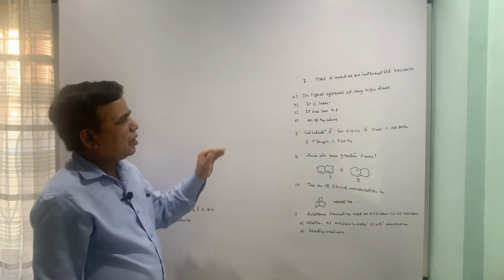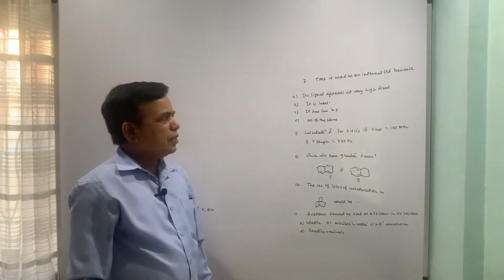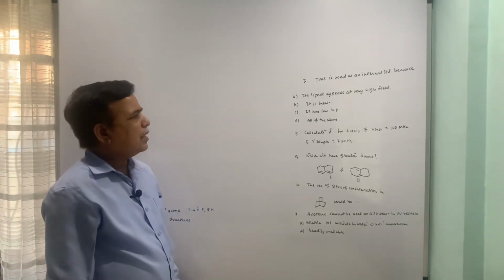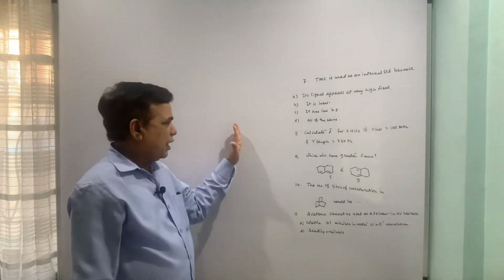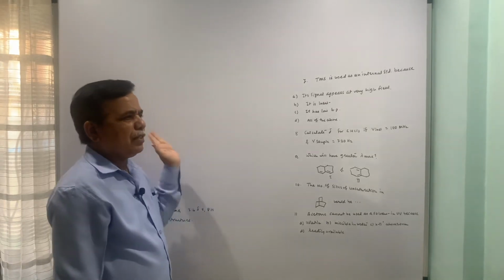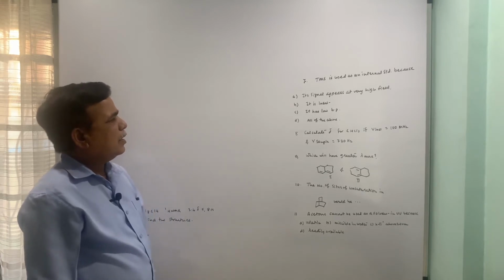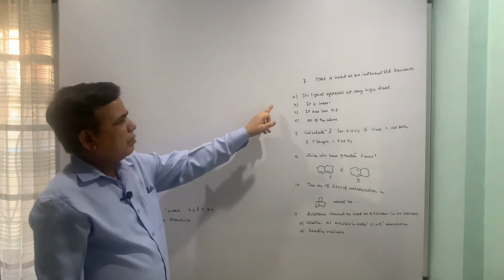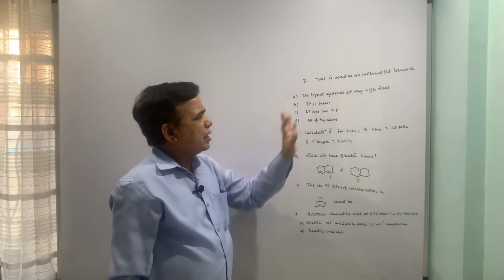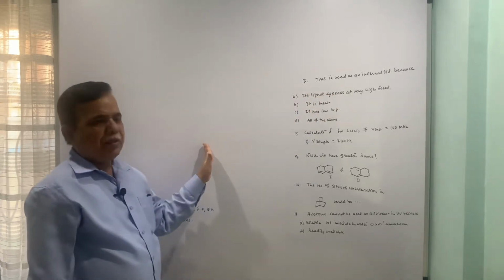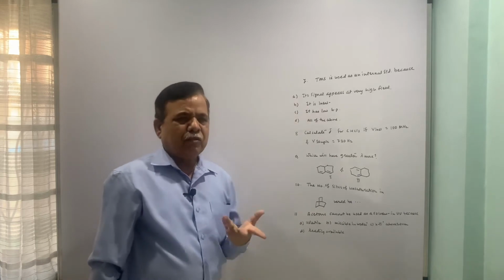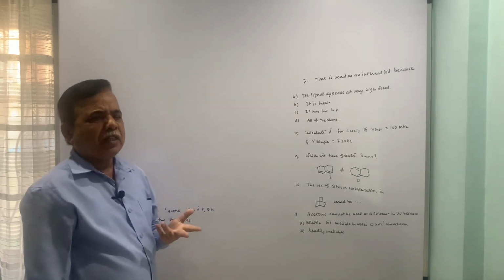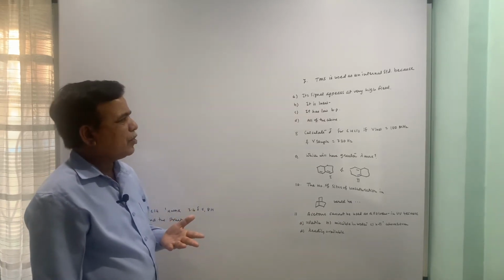Those are the examples. Now the question is, TMS is used as an internal standard. Internal standard is mandatory because that is marked as 0 and then only the relative chemical shifts are studied. TMS is used because its signal appears at very high field as compared to most organic compounds. It is inert. No doubt it has to be inert because it should not interact with your compound under investigation.